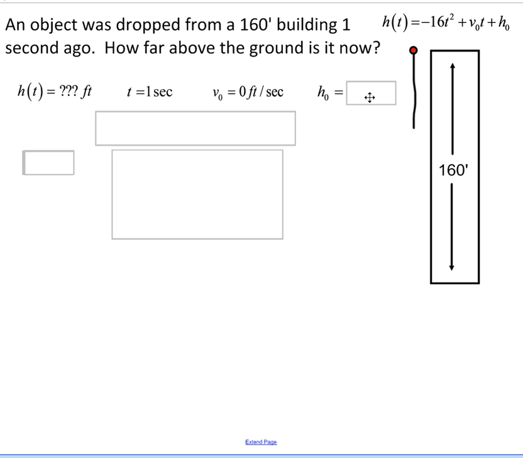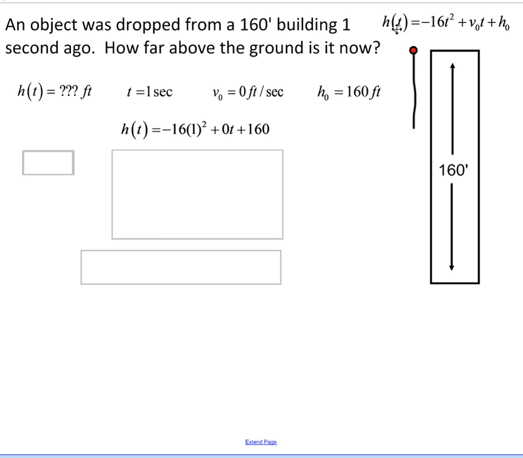And the initial height is how far it was above the ground at the start. If you look here, the 160-foot building was 160 feet above the ground at the start. So that's where our initial position was. Once we know this, it's just a matter of plugging it into our equation.